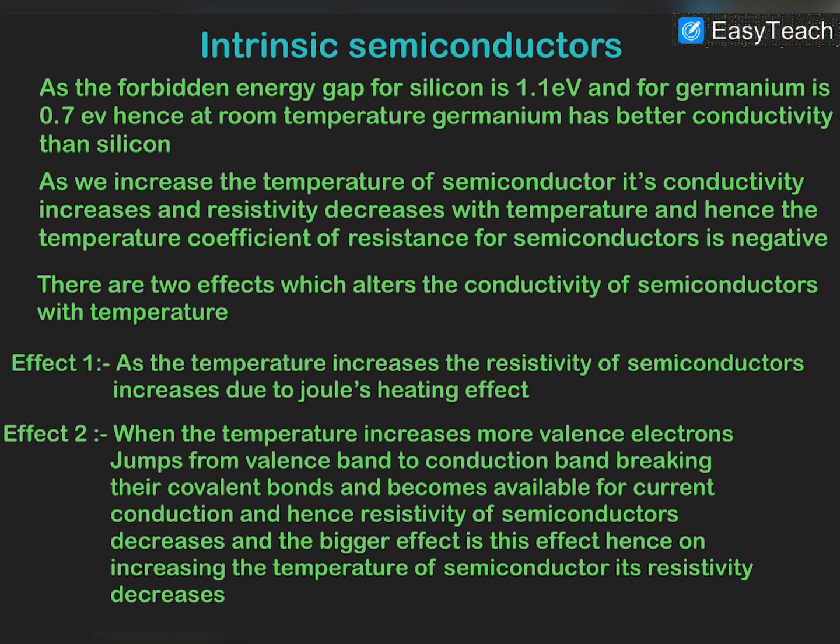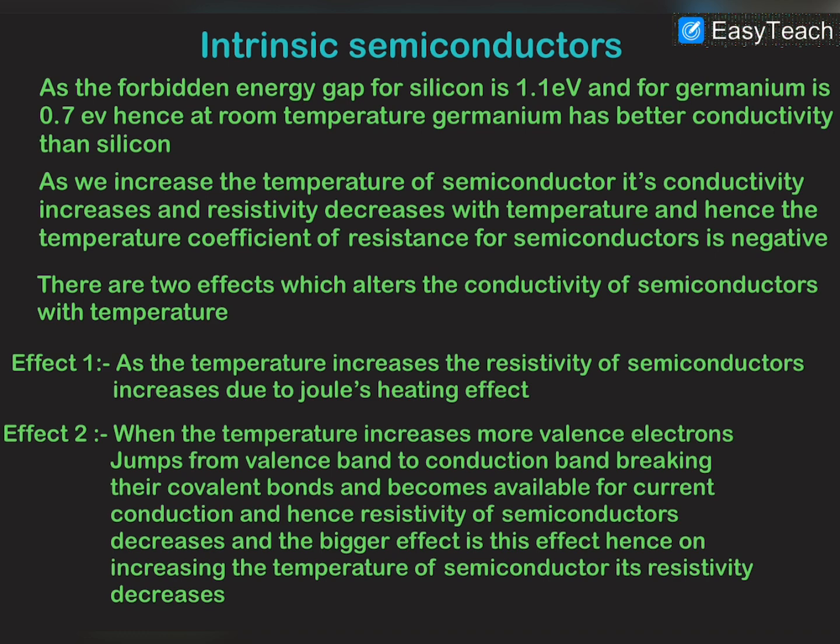But there is another effect, effect 2, in which more and more electrons break their bonds and jump from the valence band to the conduction band. And as one electron jumps from the valence band to the conduction band, it creates two charge carriers. One is the electron itself and the other one is the hole in the valence band.